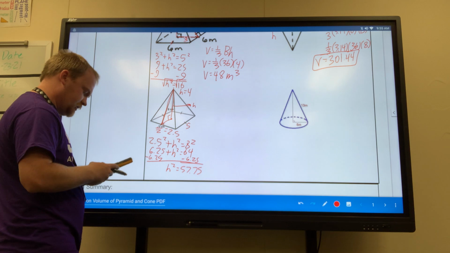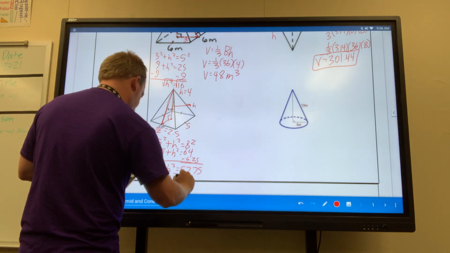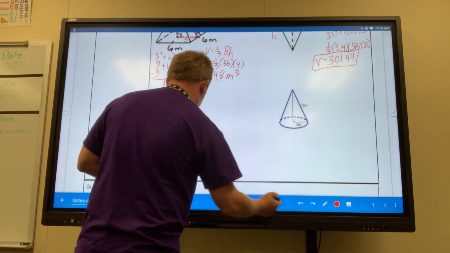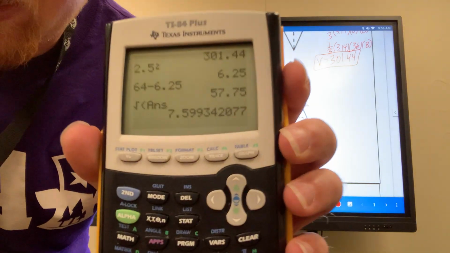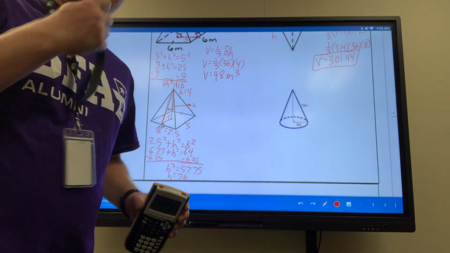I want to take the square root of that, and we're going to say 7.6 for rounding. Originally, in the calculator, it shows 7.599, but we're going to say 7.6 just to round up.